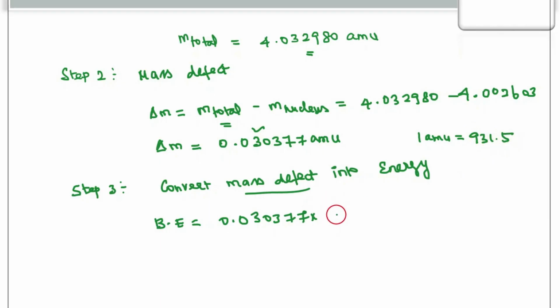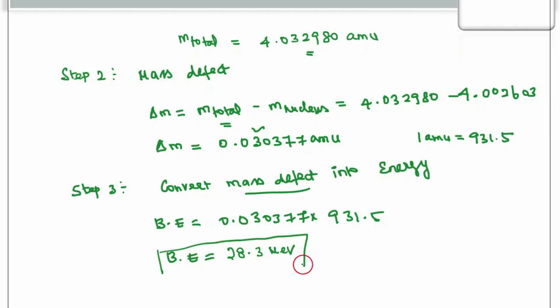Just we have to substitute 931.5. Then finally, then binding energy is equal to, that is, number multiply panna, we have to get 28.3 mega electron volt. So this is the binding energy for helium.